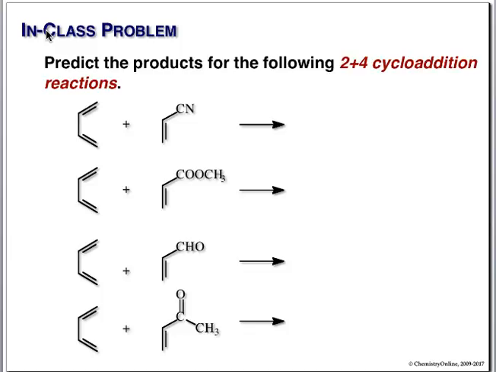Our first one, here we have butadiene and acrylonitrile. We are simply going to form the nitrile. These are the bonds that we made. Look across the ring. These are the carbons of our dienophile.